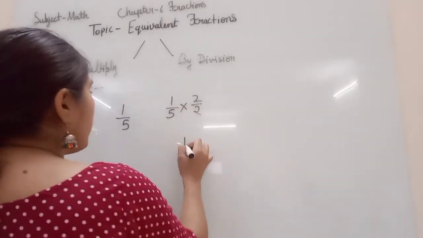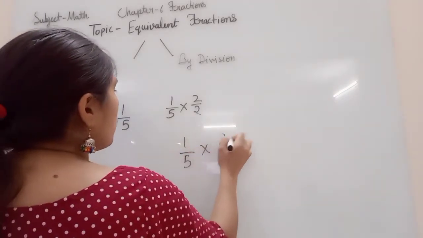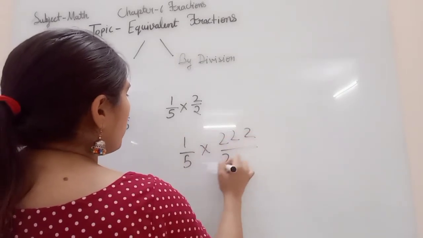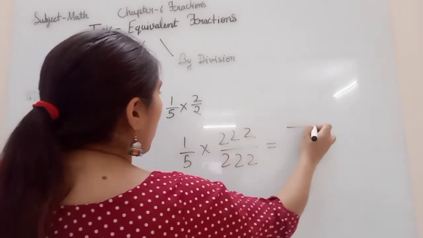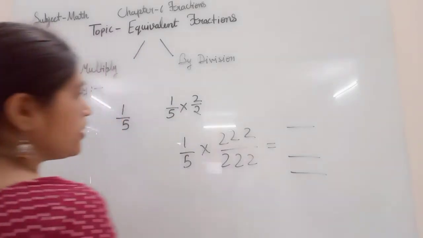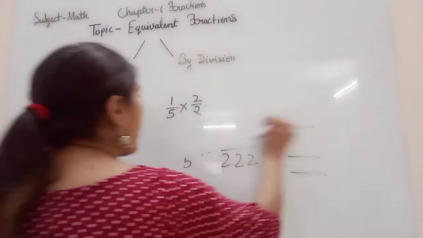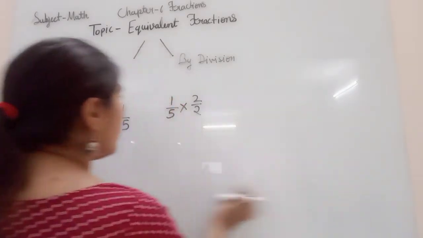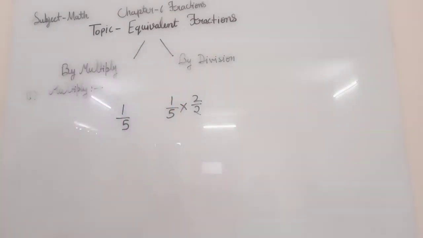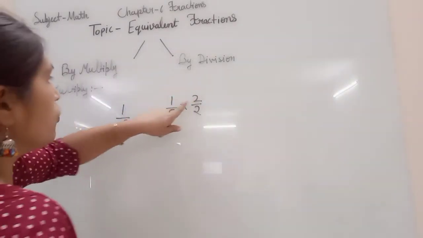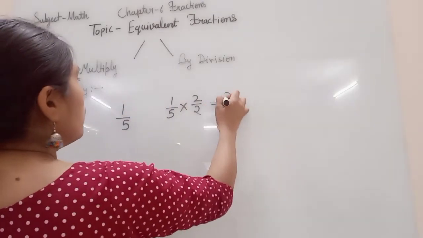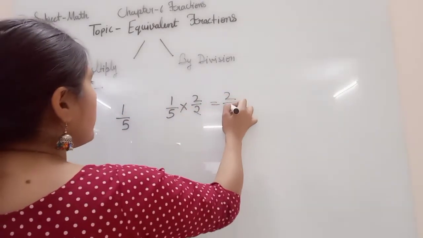You could multiply 1 by 5 with 222, and that will also be an equivalent fraction, but it's very difficult to multiply. So we will find the easy way and start from the smallest number. Let's take 2. So 2 ones are 2 and 5 twos are 10.